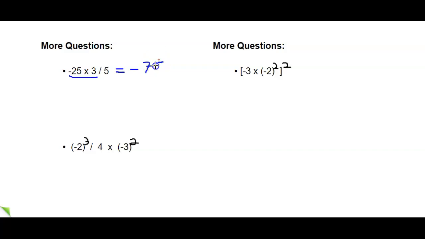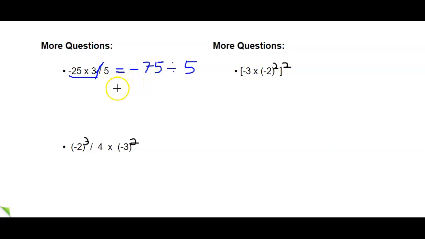Negative multiplied by positive is negative. Negative 75 divided by, this here means divided by. Good. So negative 75 divided by 5, what would that give us?